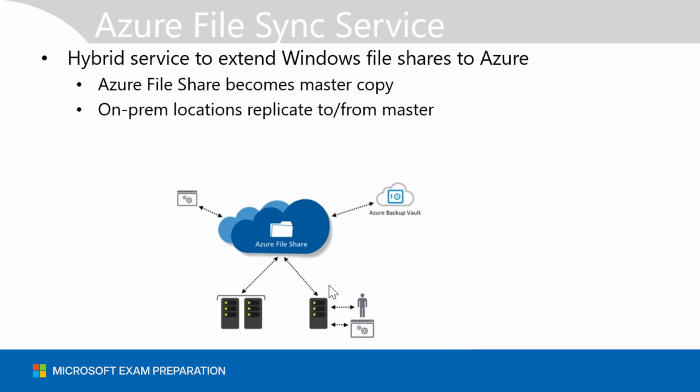Then that particular server will replicate the data from the Azure file share to a local copy. Users access data from the local server. So users do not directly access the data in the file share in Azure, they access it from the local server, but the file share becomes the master copy.